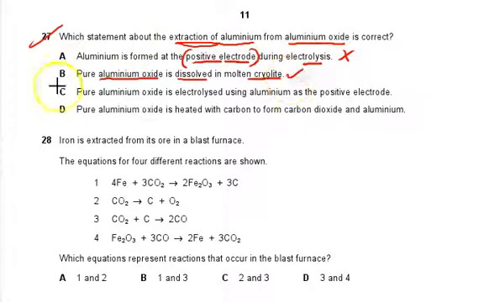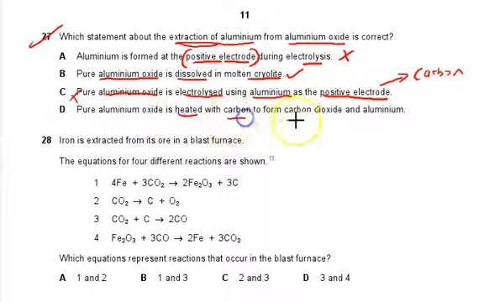Pure aluminium oxide electrolyzed using aluminium as the positive electrode: both electrodes here are carbon, not aluminium, so this is wrong. For D, pure aluminium oxide is heated with carbon to form carbon dioxide and aluminium. This is wrong. Okay, so your best answer here will be A.